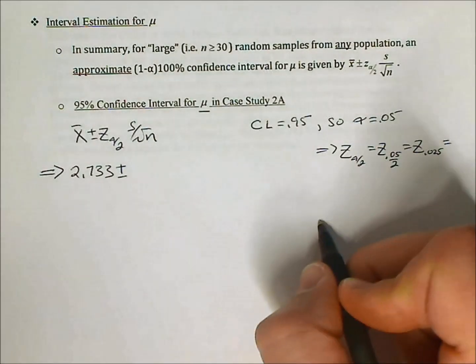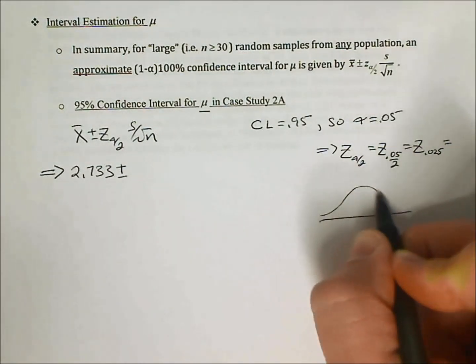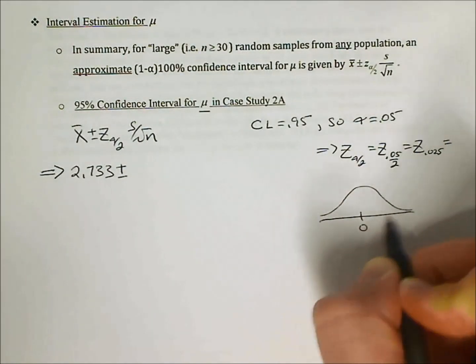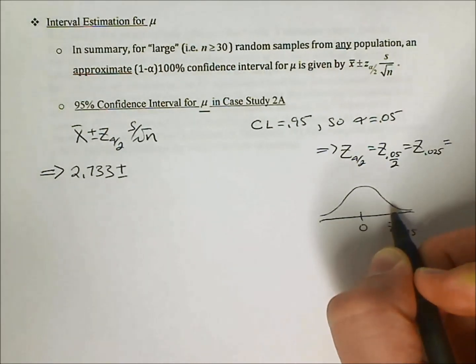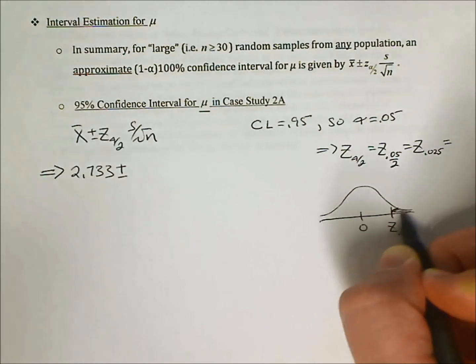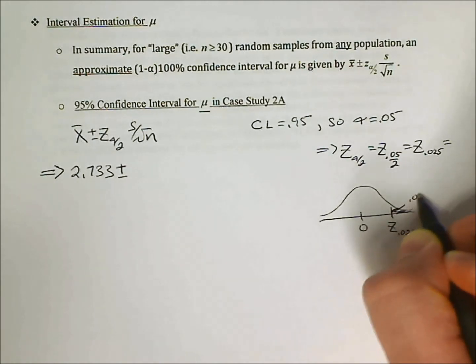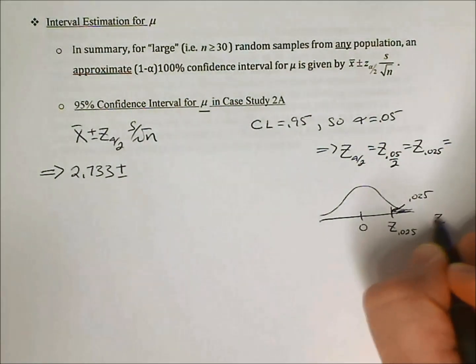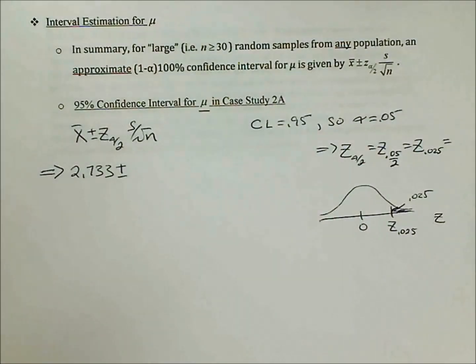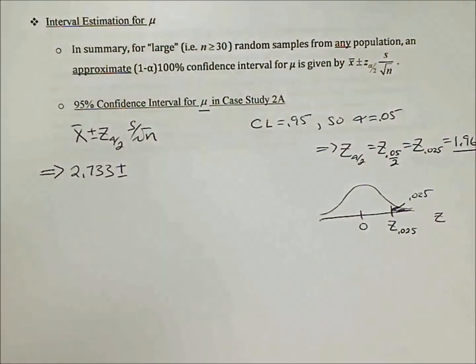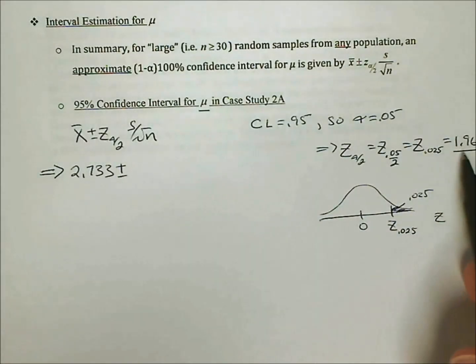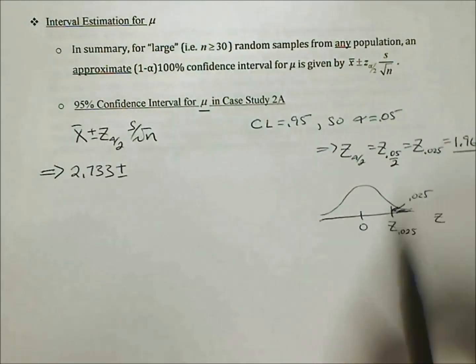If you want to draw a picture here that may be helpful, it's the value of z such that the area under the curve to the right of that value is 0.025. This is on the standard normal distribution now, not just the t. If you look in table N, that value turns out to be 1.96.